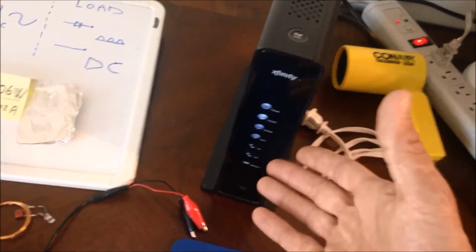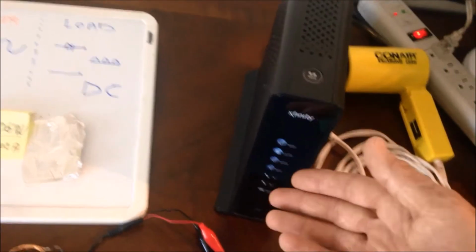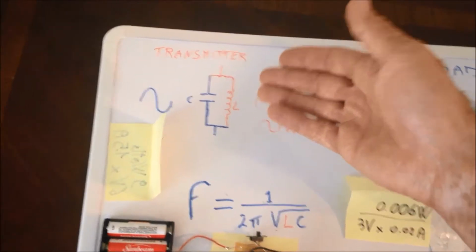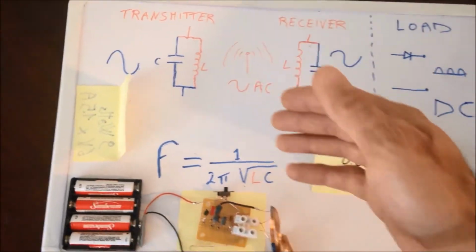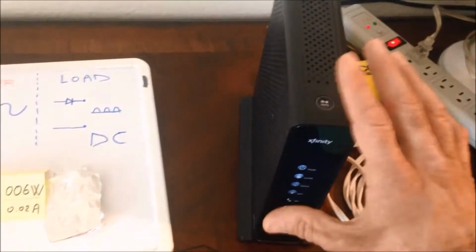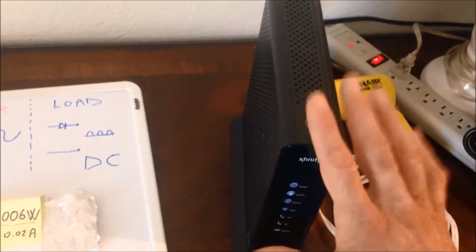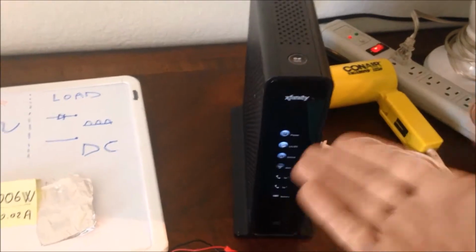However, we have our router here that works on 2.4 gigahertz. That's quite a high frequency. The higher the frequency goes, the shorter our antenna is going to be. So let's take a look at how much power we can get from our common house router.